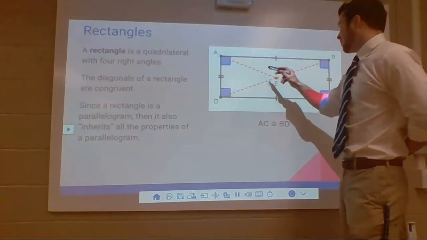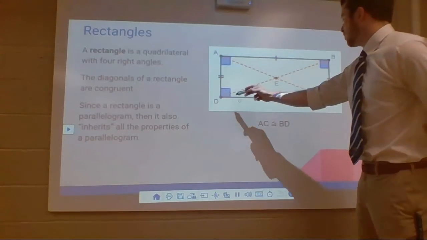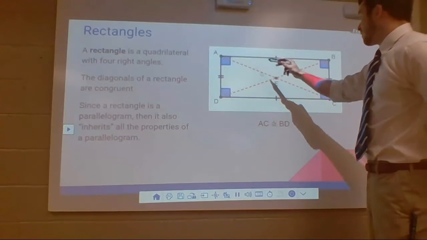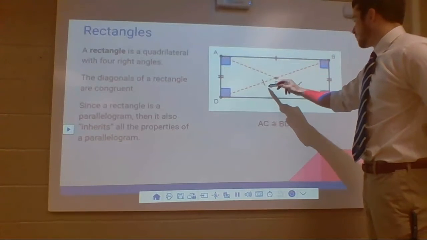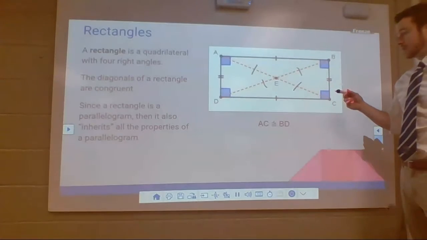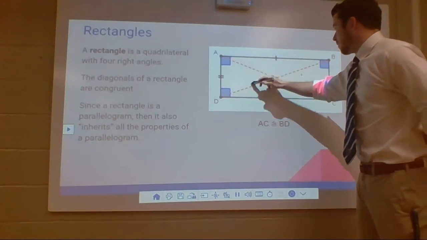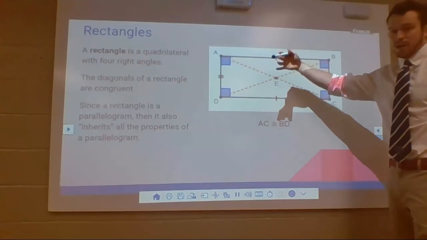So if this diagonal, AC, is congruent to this diagonal, BD, and they bisect each other, all four of these parts of those diagonals are congruent. Okay? So there we go. Those are the properties of a rectangle.